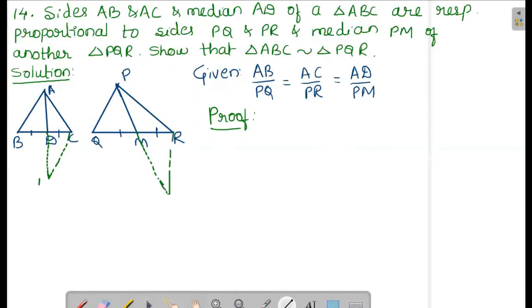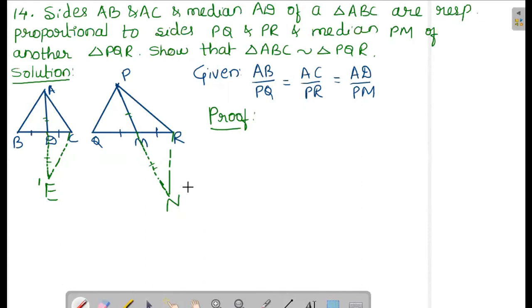Okay, this is the construction. This will be E and this is N. So the construction is: produce AD to E such that AD is equal to DE, and produce PM to N such that PM is equal to MN. Then join CE and RN.